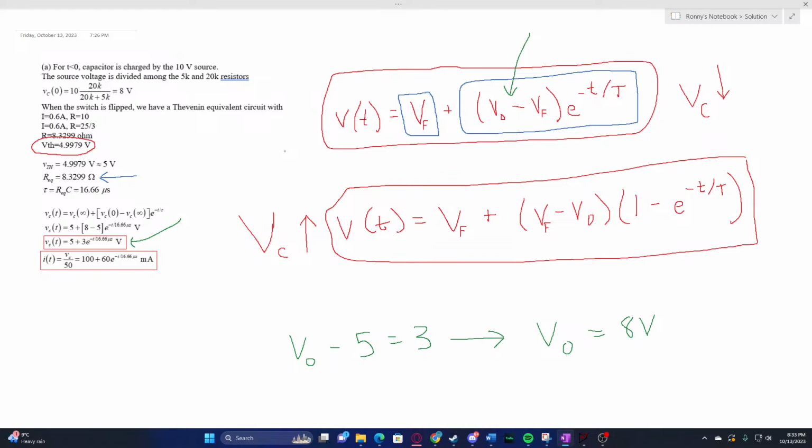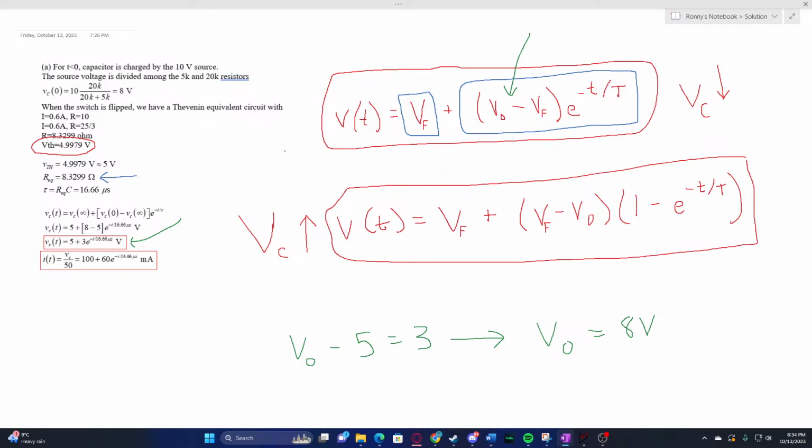Oh, hold on. There was something that I calculated just a bit ago that got me 8.33. What was that? Oh, yeah, the 50 ohm and the 10 ohm in parallel.